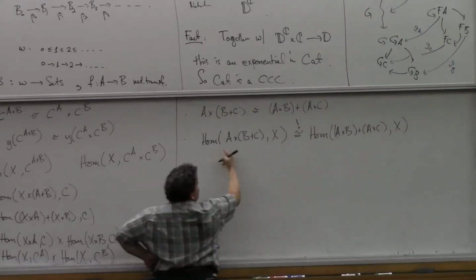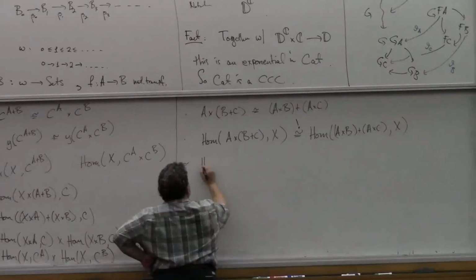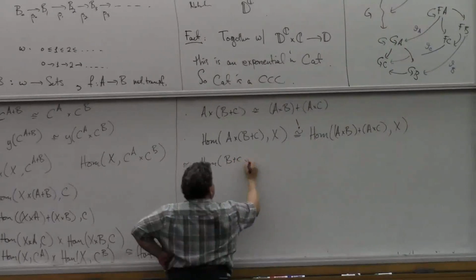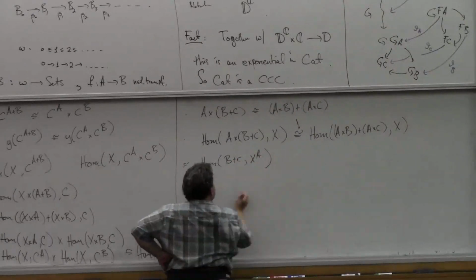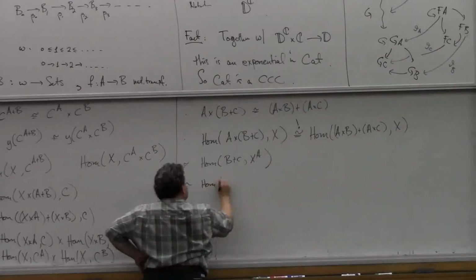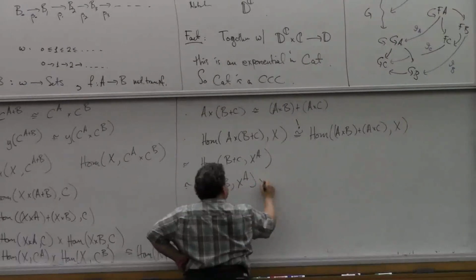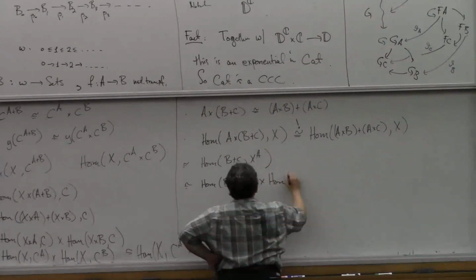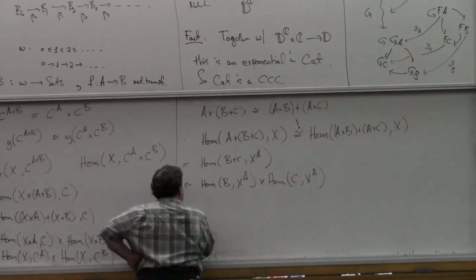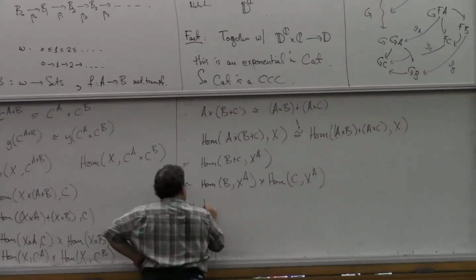But this thing now I know is halm B plus C x to the A. And now I pull the coproduct out on the left. And now, let's see, do I just put them back down? Yeah, I just put them back down.